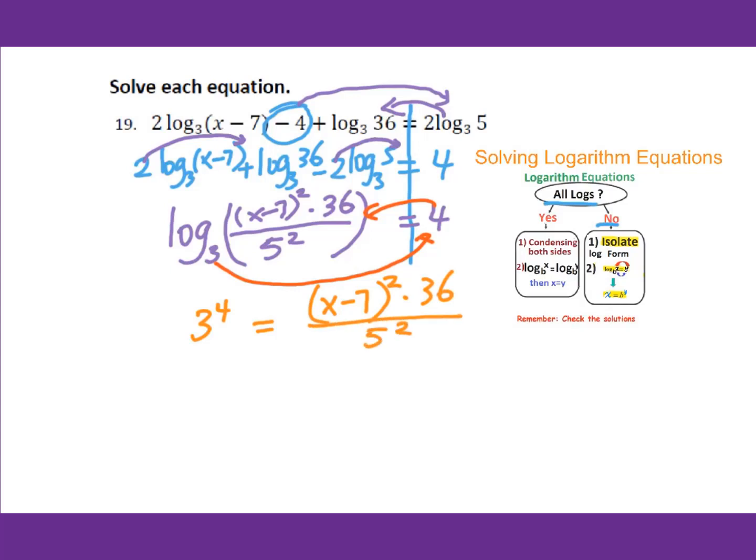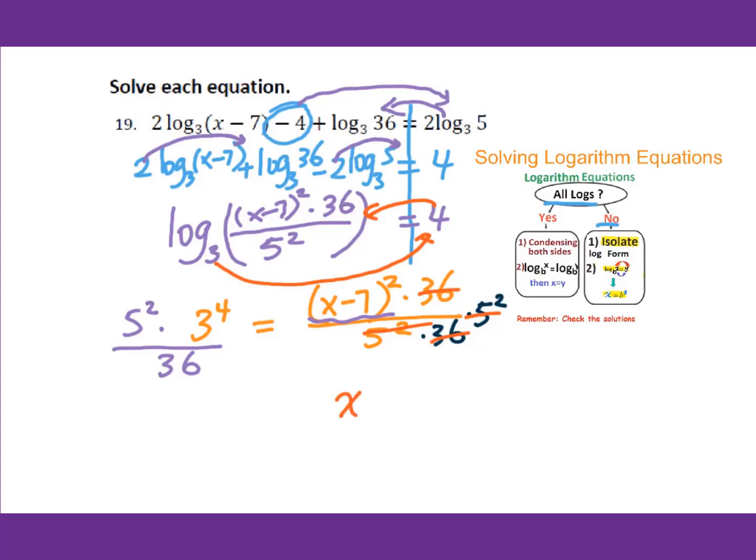We know this is a power pattern, so try to isolate x minus 7 squared on one side. We multiply by 5 squared and divide by 36 so that we can reduce.